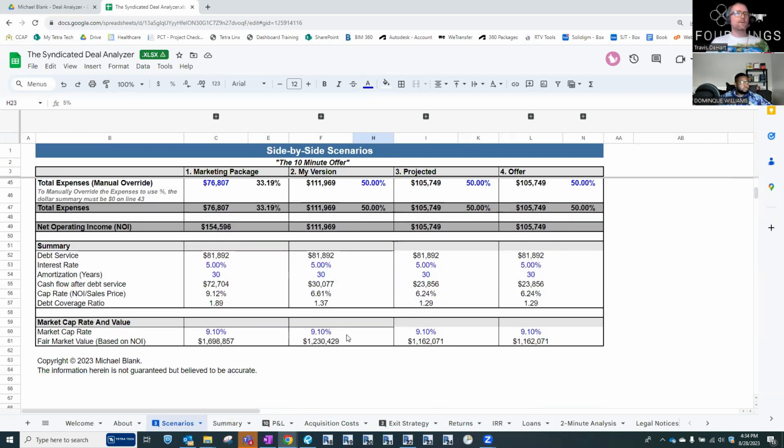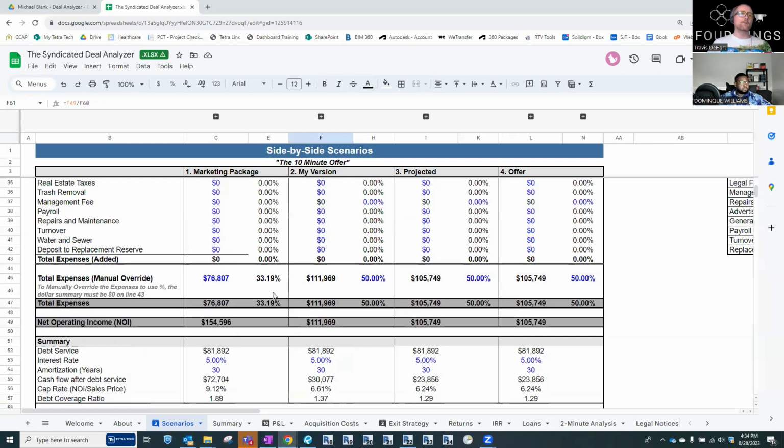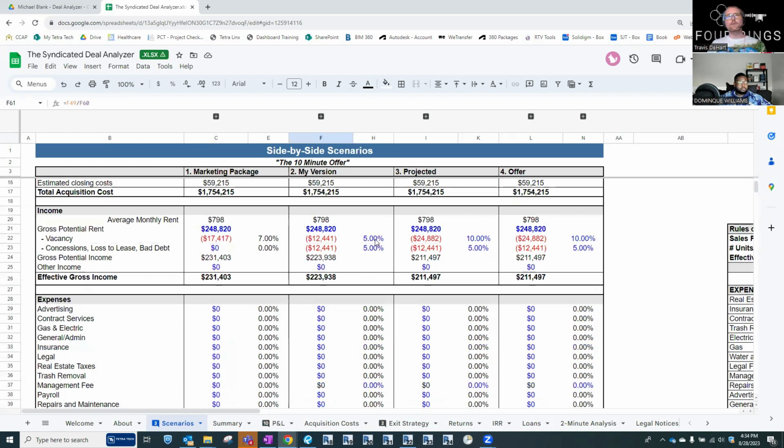And if we come down here, you could see that based on those two numbers changing, just saying, hey, I feel like you're not adding in all of your expenses. And I kind of feel like if you want to even account for one turnover a year, which would be a very safe thing to do, especially on a 100 unit building, it's very reasonable to say, hey, we're going to have at least that.